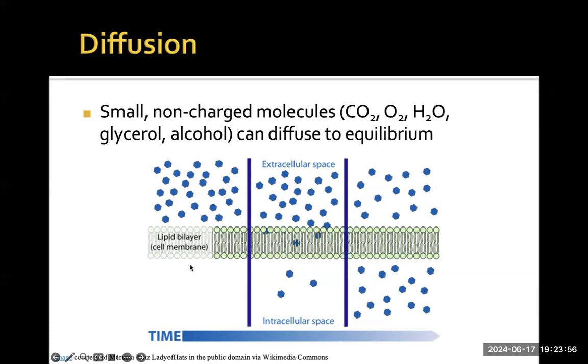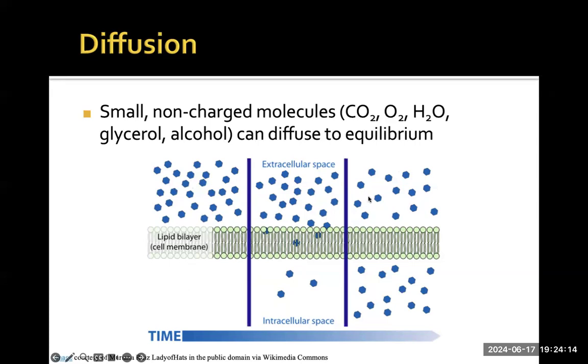When you're looking at this image down below, you see that there's a lot of this molecule, we'll call it water, on the top side, and then on the bottom side you have none. Over time, the water is going to move from the top to the bottom.